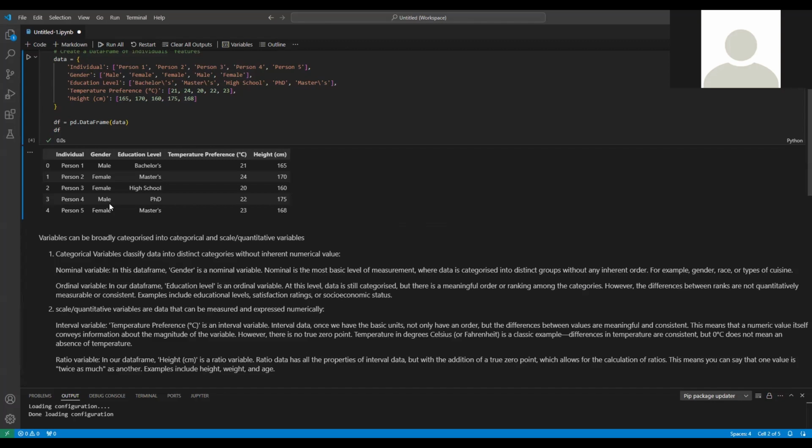Let's look at the other categorical variable here, education. It's still a categorical variable. The key format for its values is distinct groups or categories, like bachelor's, master's, high school.